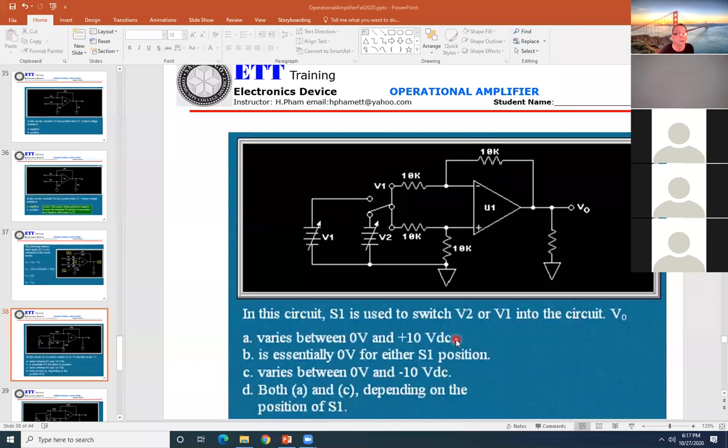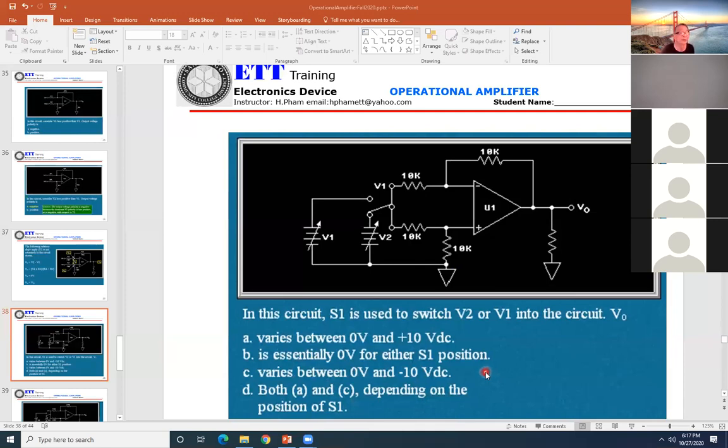Now, in this circuit, S1 is used to switch V2 or V1 into the circuit. VA varies between B, essentially 0 for either S1, varies between 0 and minus 10, both A and C, depending on the position of S1.